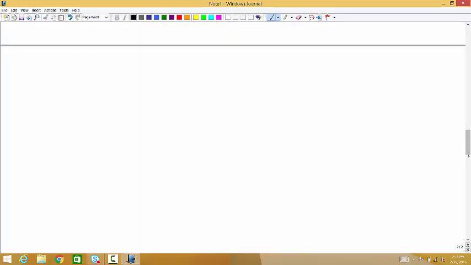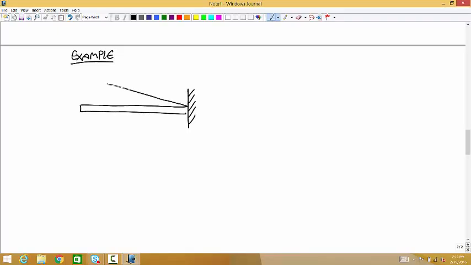All right, so let's do an example of an external load. So let's say we have a cantilever beam with a triangular distributed load acting. Say that's 1/2 meter.